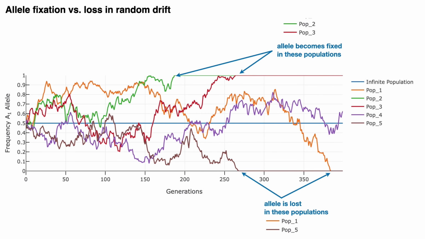Just to give you a little bit of a baseline, this is a simulation of 5 different populations that are changing randomly through genetic drift. Notice that in populations 2 and 3, this particular A1 allele becomes fixed, which means that it's present in 100% of the individuals in those populations.